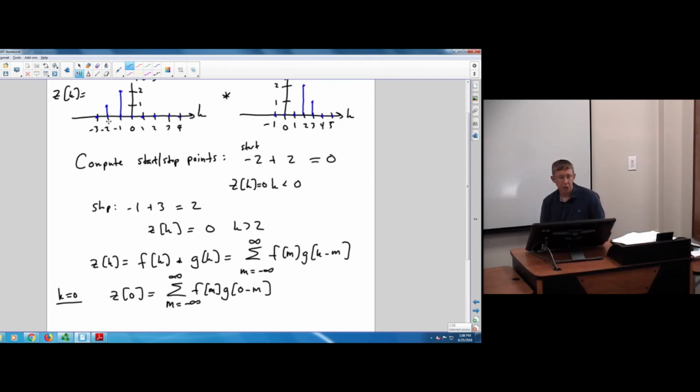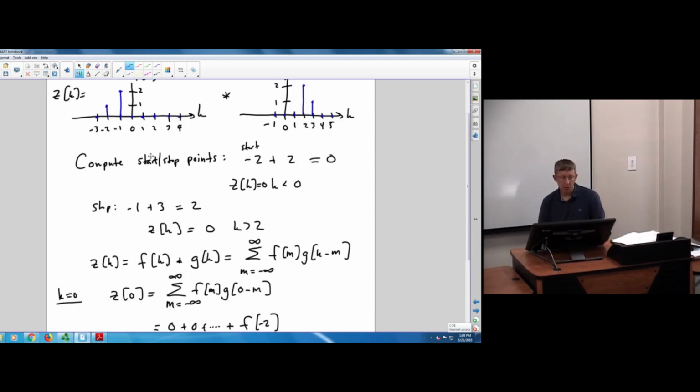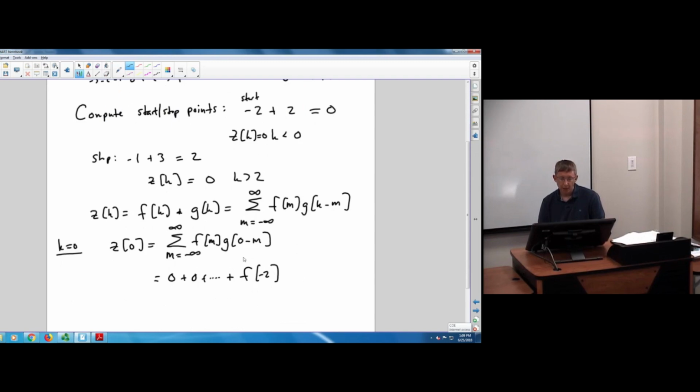As I come up, though, eventually I get to m equals negative 2. So this is 0 plus a whole bunch of zeros, plus I finally get to when m is minus 2, right? I get some non-zero thing here.